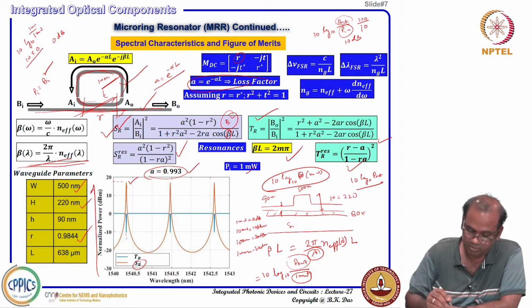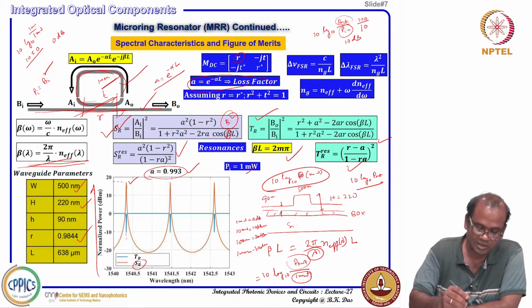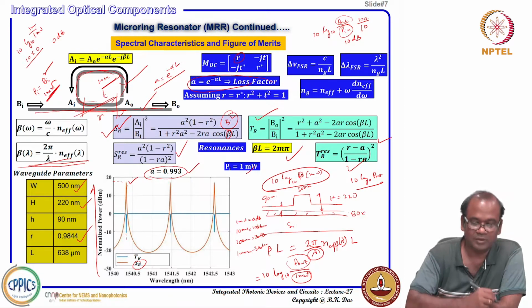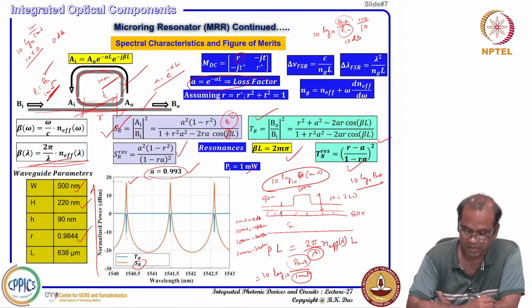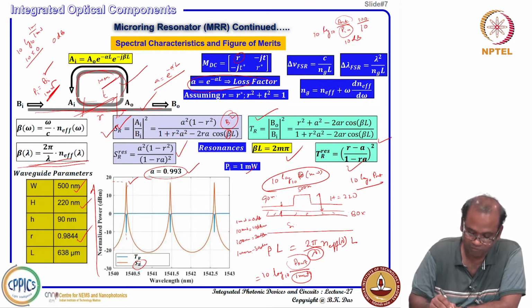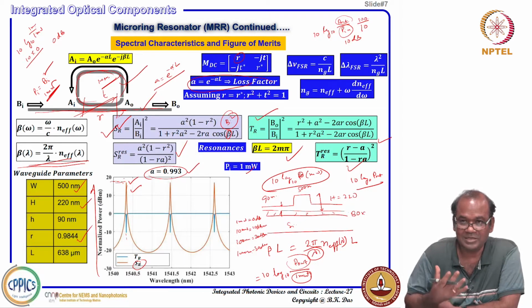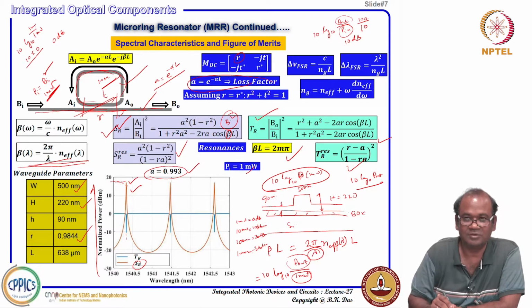My point is that if I consider at the input it is equal to 1 milliwatt that you are launching in the bus waveguide, then inside, if you just follow SR, that will be about 18 dBm or something like that. So, that means inside the field is enhanced at resonance.